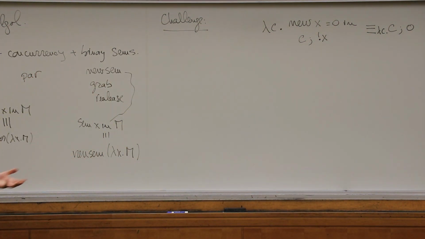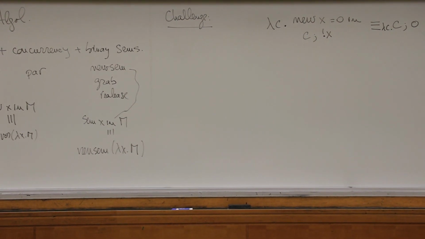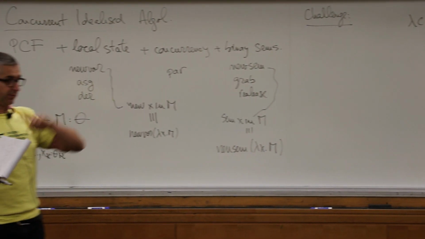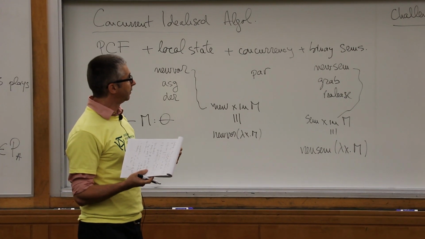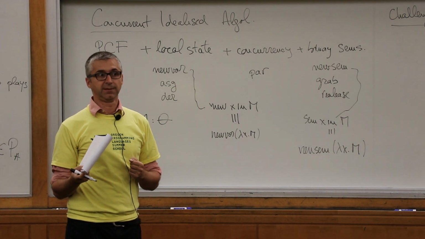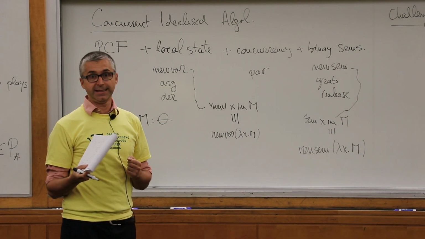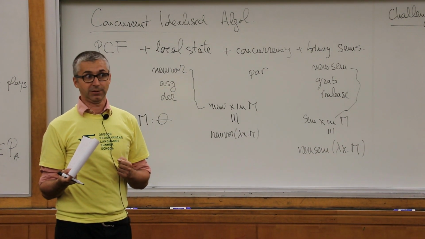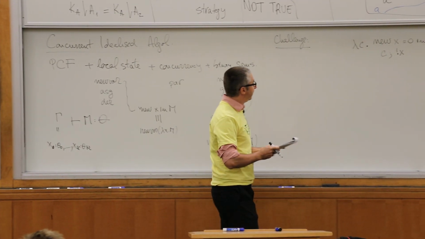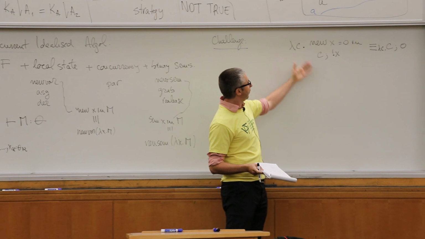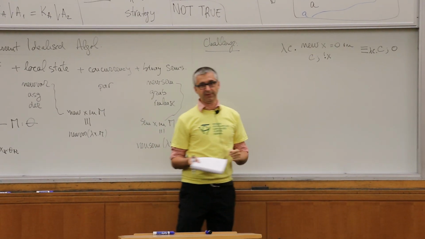Now, using first principles, using the definition of observational equivalence, which involves quantification over all contexts, now, go and prove it. And you will find that you won't be able to. Before game semantics was invented, people wrote entire research papers about how to prove stuff like this.